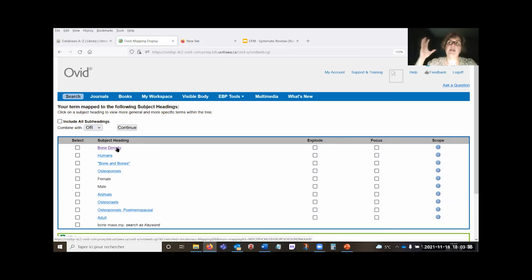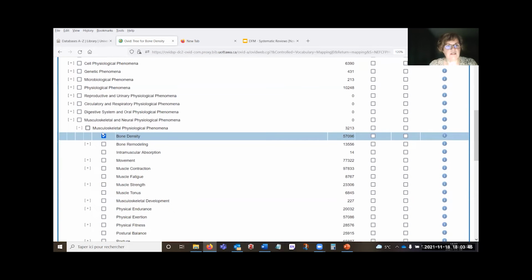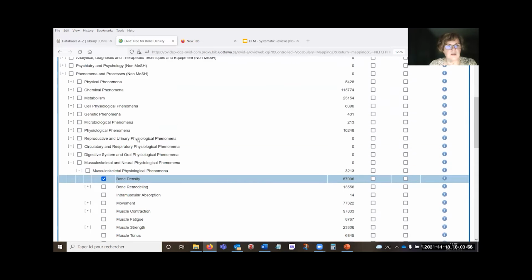So you see when I type bone mass, it linked me to the appropriate subject in Medline, which is bone density. So I click on it and then I can look around, see if there's anything else. But for me right now, I'm just doing bone. So, okay, there's no other subject under it, so I'm okay with that.